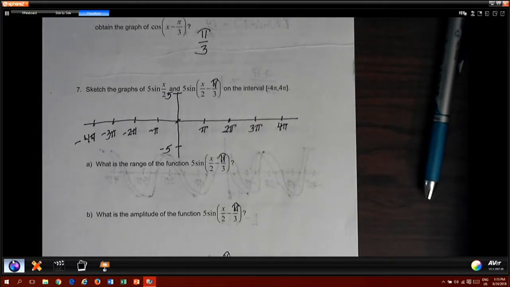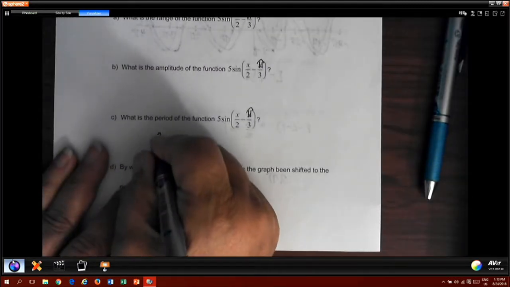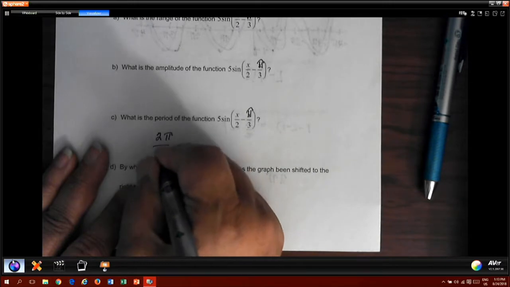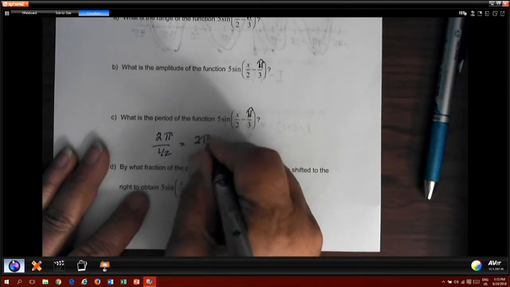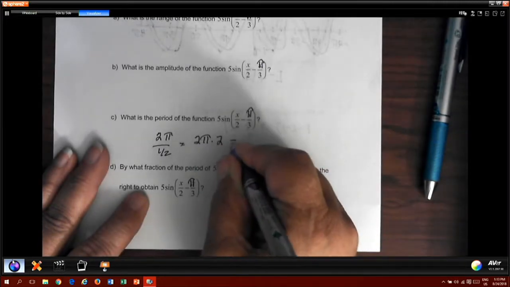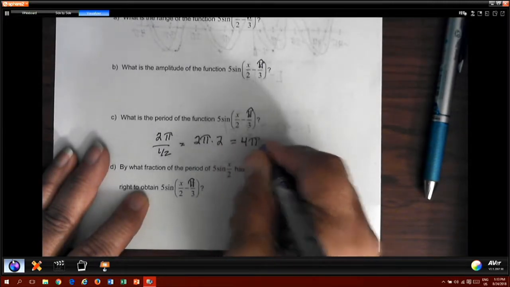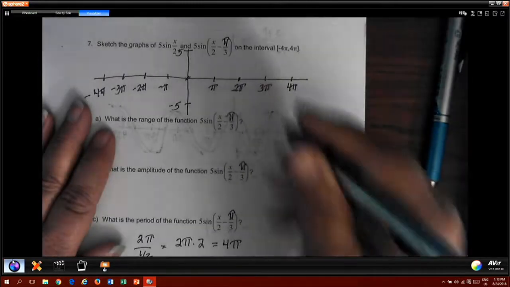So we have 1/2 as our coefficient of x, that means our period is going to be 2 pi divided by 1/2, which is 2 pi times 2, which is 4 pi. So that means every 4 pi we repeat it.